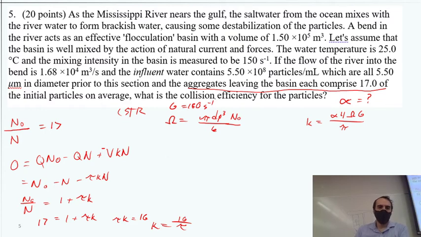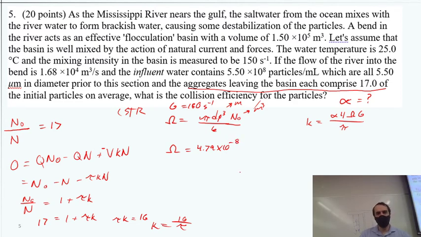So with that, we need to convert the diameter to meters, and we need to convert this particles per milliliter into particles per cubic meter. When we do that, we should be able to end up with a flock volume of 4.79 times 10 to the minus 8.